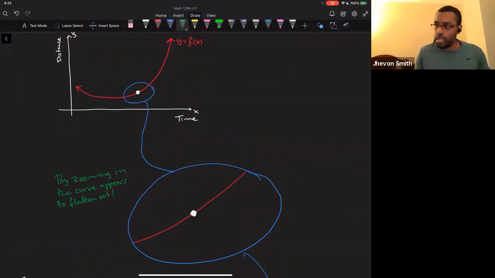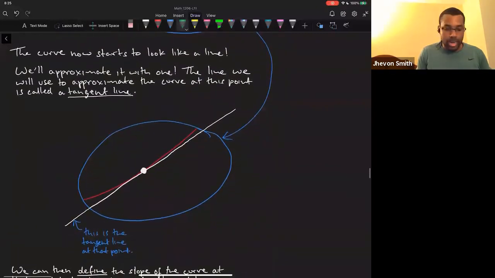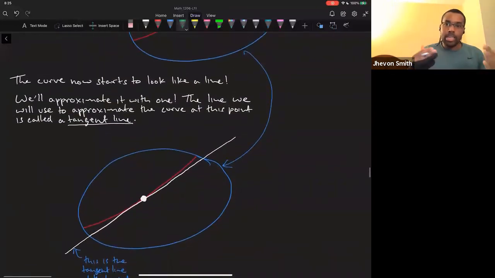And then you're trying to say, how would I describe this flatness? And the idea is it starts to get close to some straight line. There's some line that you can realize that if I keep zooming in, the curve will keep getting closer and closer to this line. So there's a flat line that I can use to approximate this curve at this point. The more I zoom in, the closer these two get together.